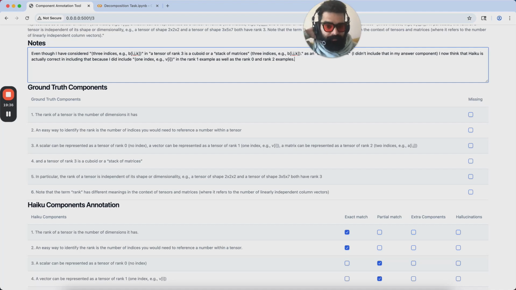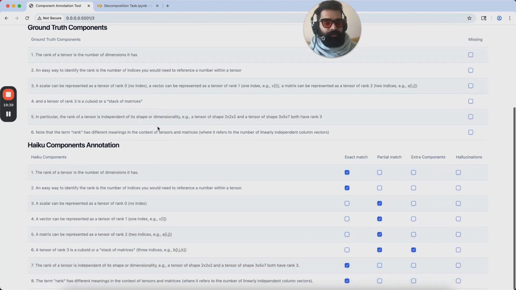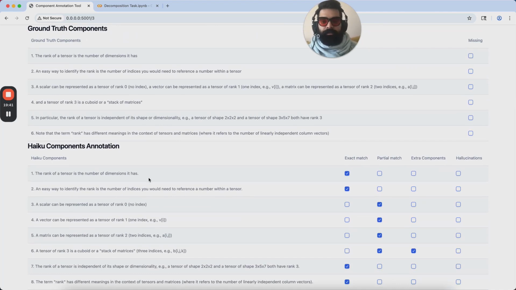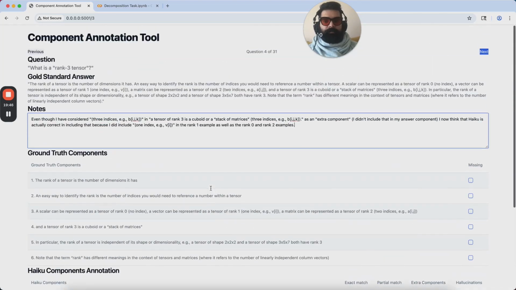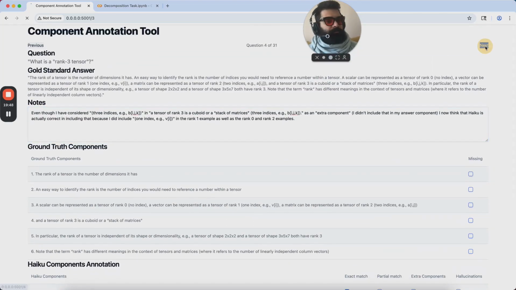So I think that is fine. And actually, Haiku did a better job than I did at pulling out that information. I think that's everything I want to do there.